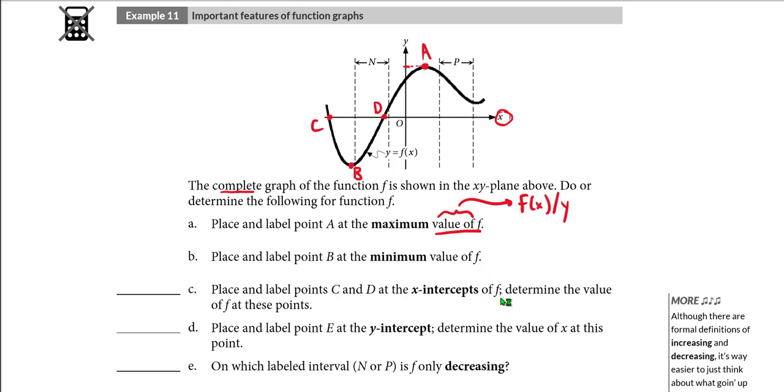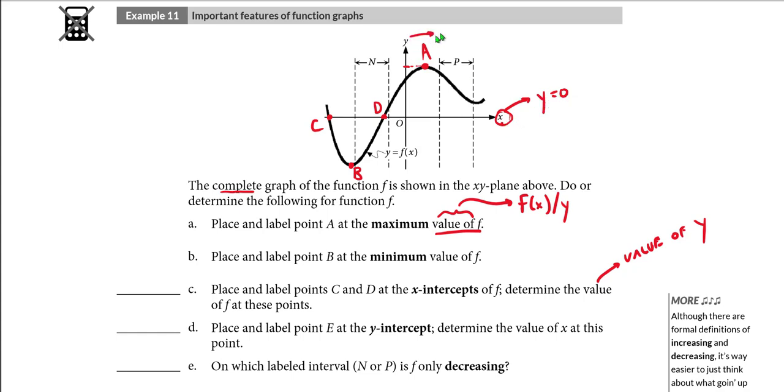The example here, 11c, goes on to ask, determine the value of f at these points. Well, remember, the value of f is synonymous with value of y. And it is extremely important to understand that when we are on the x-axis, the value of y is always 0. In fact, we've said this in other parts of the manual, the x-axis's equation is y equals 0.